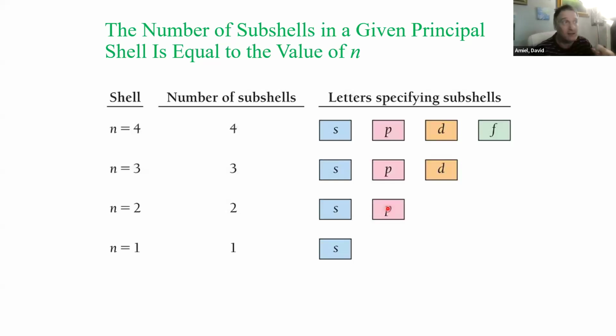For a d subshell, there are 5 equal in energy d orbitals, as I showed you earlier. 2 times 5 is 10, so a d subshell can hold 10 electrons. An f subshell can hold 14 electrons. So this is a convenient chart to allow you to determine the number of subshells for each value of the principal quantum number.